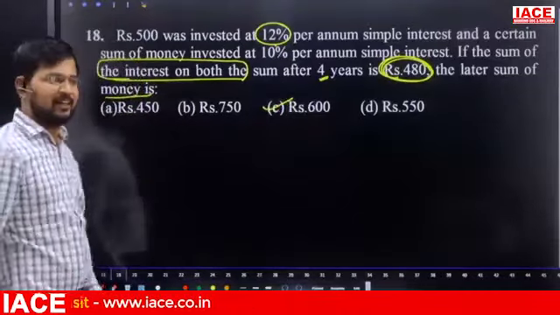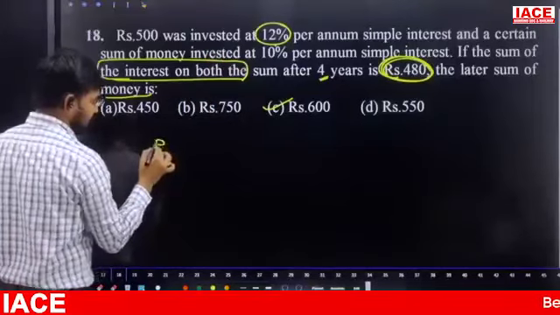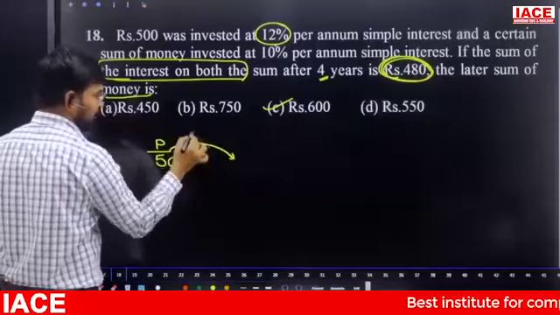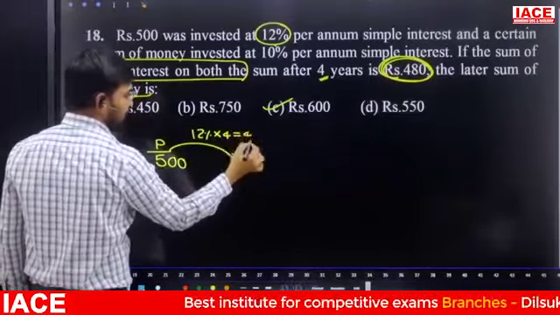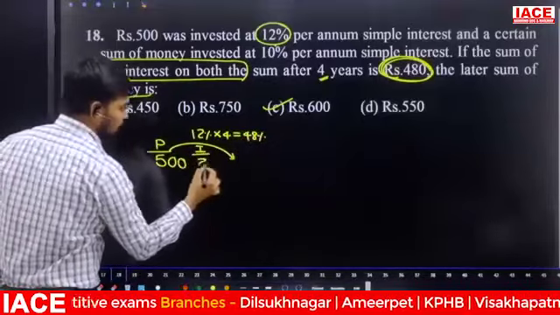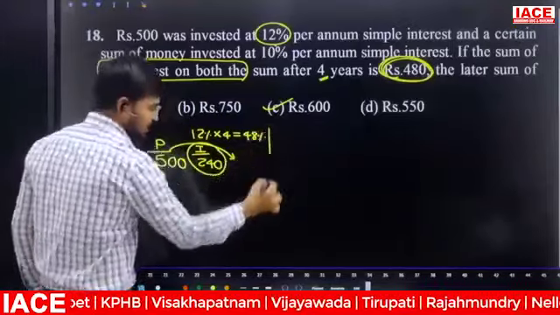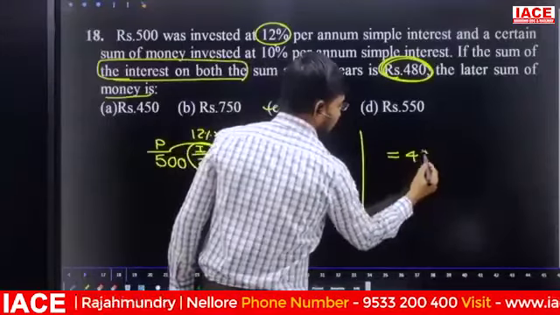So once again I will explain, and don't worry. In the first case, rate of interest is 12%, principal is 500, for 4 years. So 12 fours is 48%. 48% of 500, so 48 fives is 240. First case interest is 240. Together it is 480.